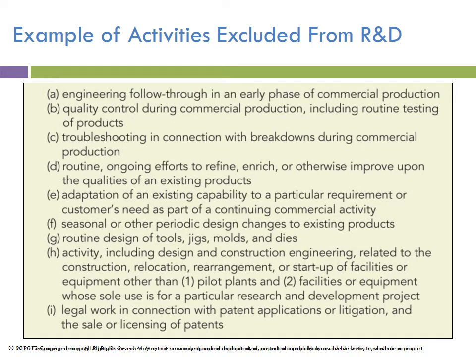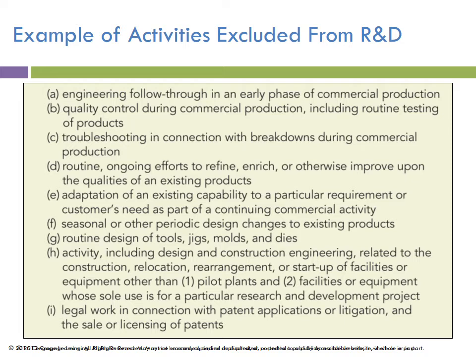Excluded from research and development: engineering follow-through in the early phase of commercial production. That is not considered development. Quality control during commercial production? No. Troubleshooting in connection with breakdowns during production? No. Routine ongoing efforts to refine, enrich, or otherwise improve an existing product. So routine, that's our key word there. Adaptation of an existing capability to a particular requirement or customer need.